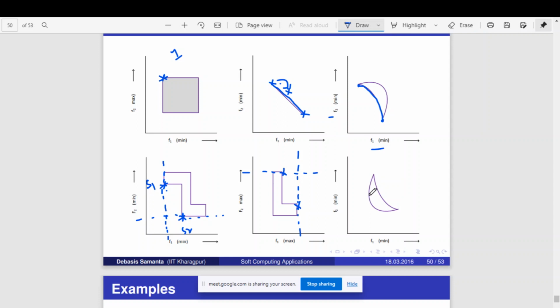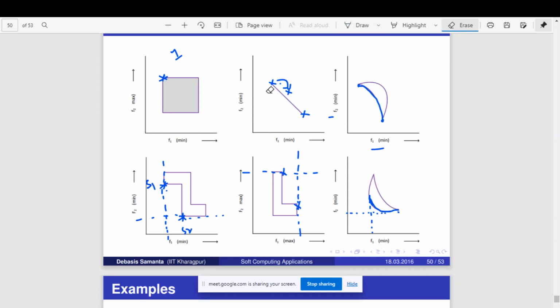Minimize F1 somewhere here, right? Minimize F2 is whatever here. Okay. So it is this part of the curve. This is the Pareto optimal front, right?